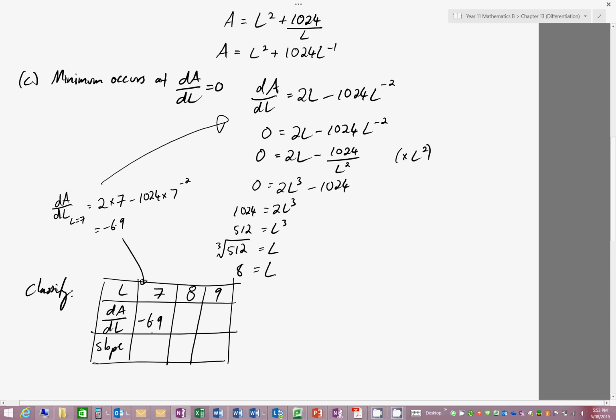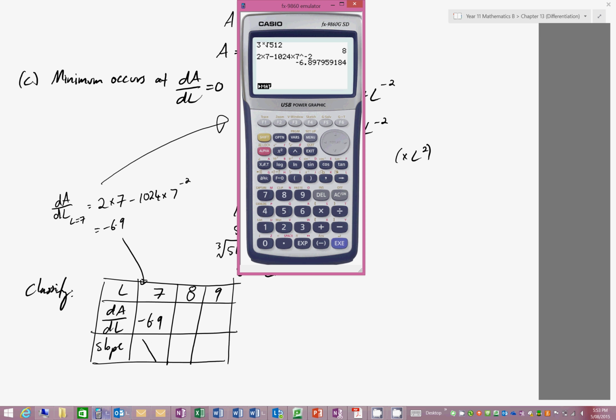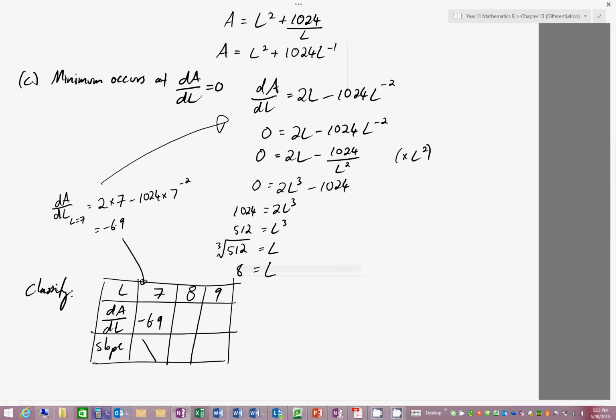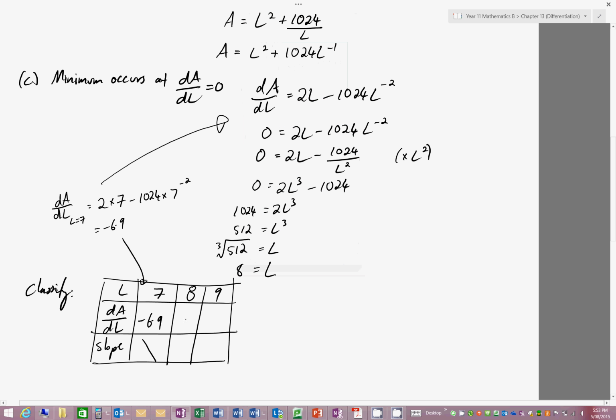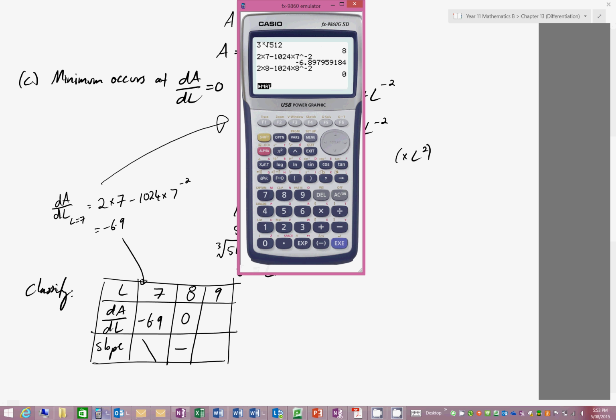We don't actually care about the number, this could be minus 0.0007. Still put a negative down there, we just care about the slope. I could probably just cheat and write a 0 in there for the 8, but this is a good check to make sure I haven't made a mistake in my equation solving. Sweet, 0, flat line, and substitute in 9 as well.